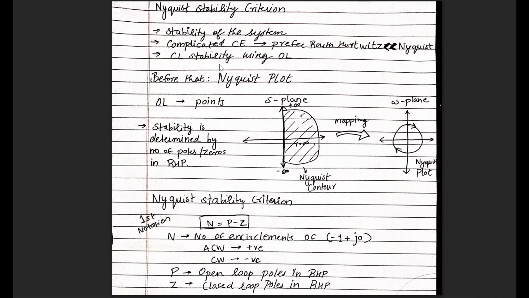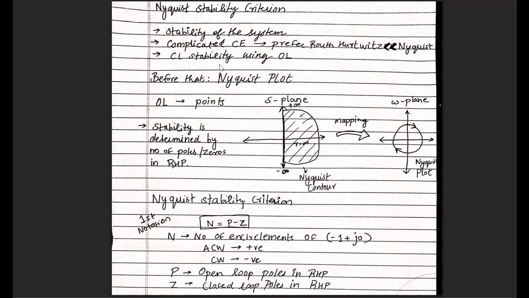To understand much more of it, we need to understand the graphical part of the system. This Nyquist stability criterion is not just a formula, which is where a lot of people make a mistake. They just remember the formula, so they will have no idea how to implement it in a question. So, anytime you learn Nyquist stability criterion, synonymously you need to learn the Nyquist plot.